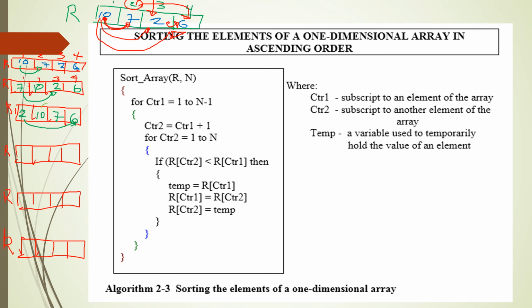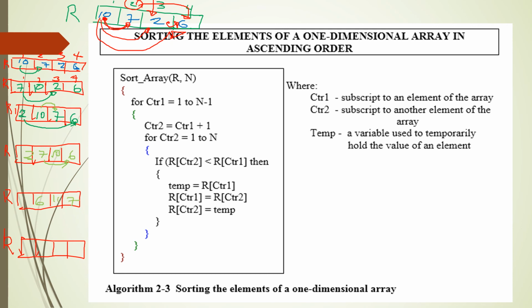The second element will be tested with the third element. So, if the third element is lower, then it will swap its values. And the rest as is. Now, second and fourth element will be tested. Again, 6 is lower than 7, therefore swap.